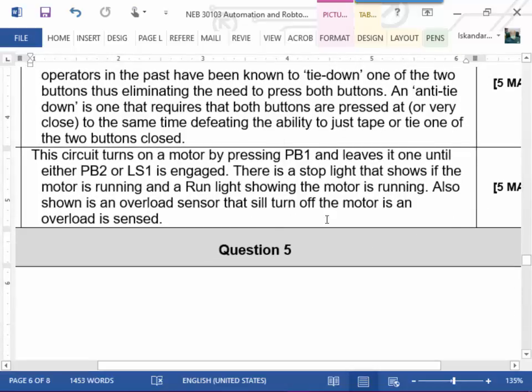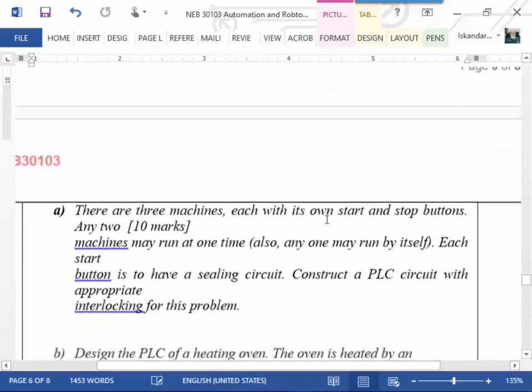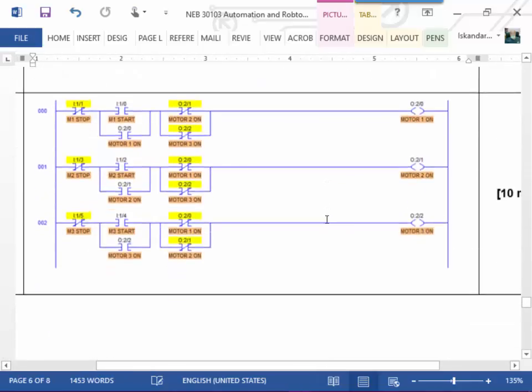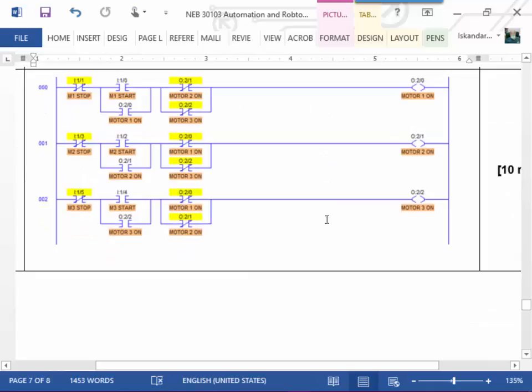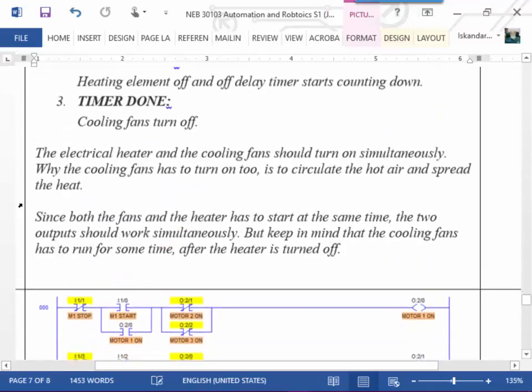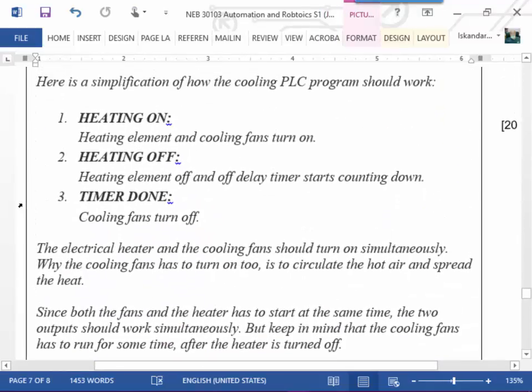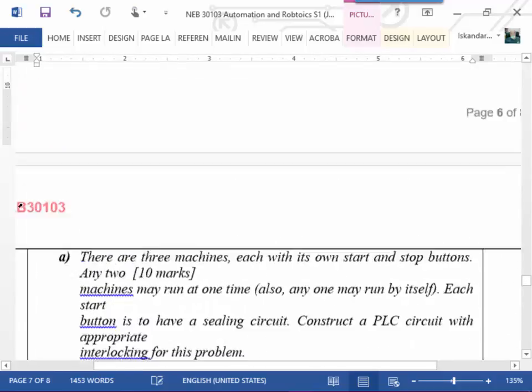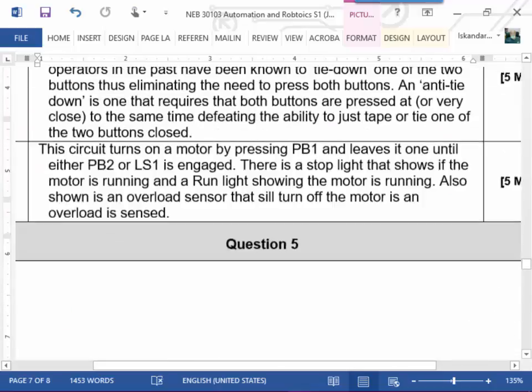And this is the solution. This is the wrong problem right here.